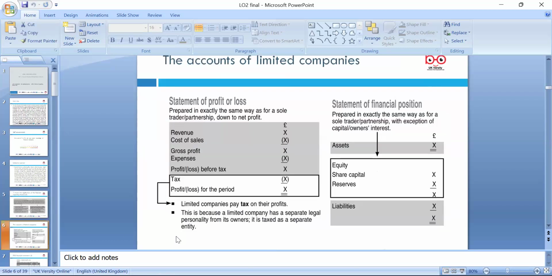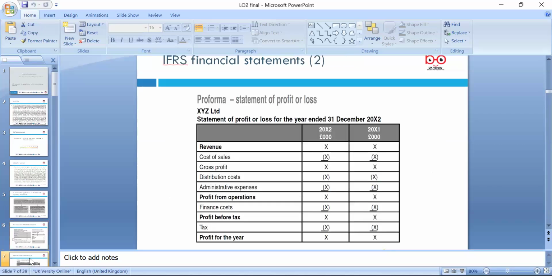Under IAS 1, International Accounting Standard 1, when we prepare the financial statement, we look at the revenue, the cost of sales, gross profit, and this is the normal layout of the financial statement. Then equity, total assets, non-current assets, then current assets, equity, and then current and non-current liabilities as well. This layout is standardized throughout the world.